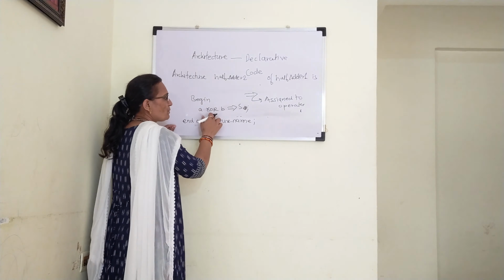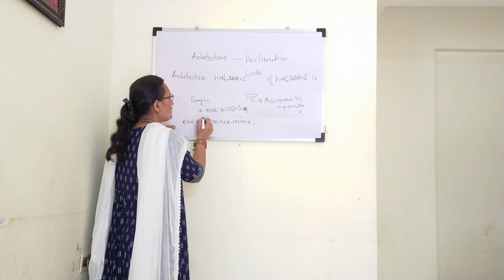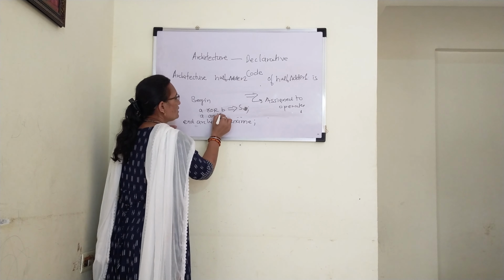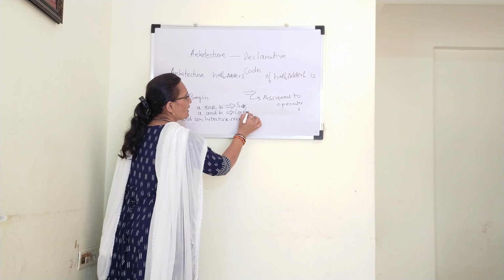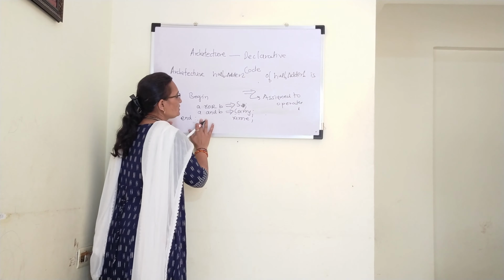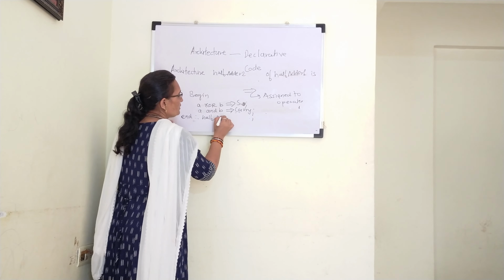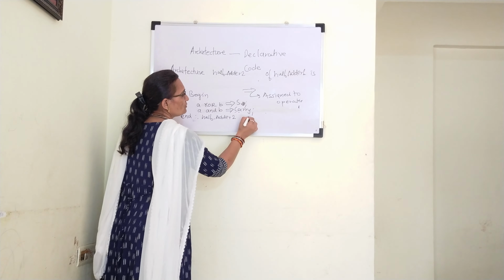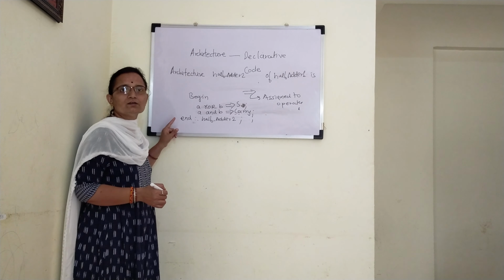The XORing operation will happen and this is assigned to sum. In a similar way, A and B is assigned to carry, and end your statement. And here I write the name of architecture, half adder 2. This way you can write the architecture of any system.